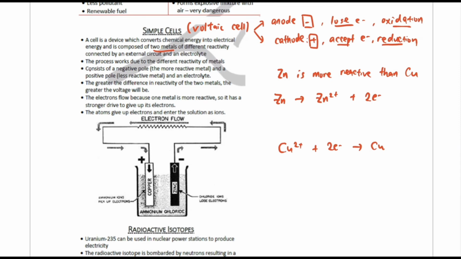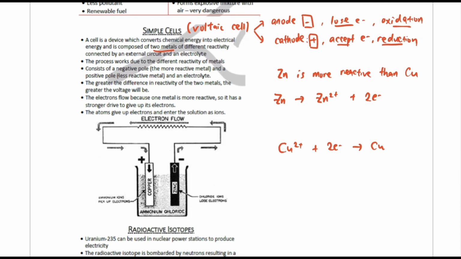Now, the cell consists of a negative pole. The negative pole is the more active metal. Zinc is more active, so it is negative. Negative is the anode, and oxidation happens at the anode, so loss of electrons happens there.